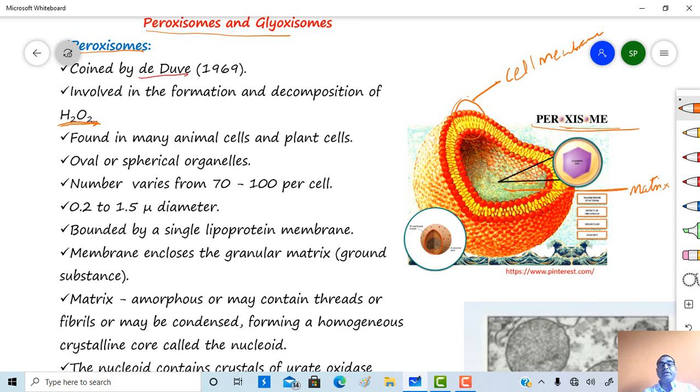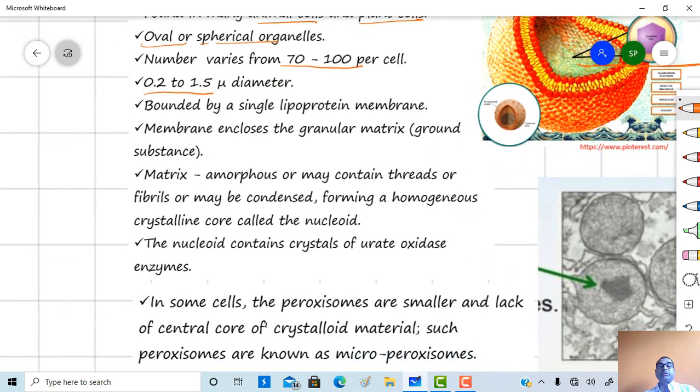It is present in many animal cells as well as in plant cells, may be oval or spherical organelles, and per cell the number varies from 70 to 100. In size, they are about 0.2 to 1.5 micron in diameter.